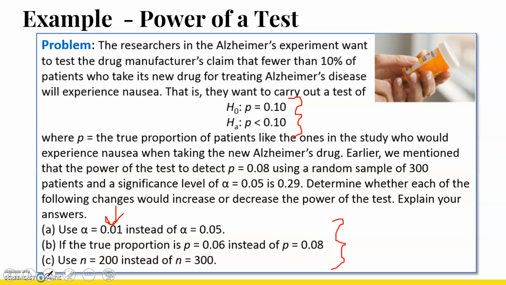And on part B, you may notice our true parameter value is going to be further away from this value over here, 0.10. 0.10 to 0.6 is a much bigger distance as opposed to 0.10 versus 0.8. And in C, we are going to use a lower sample size, n equals 200 instead of 300.